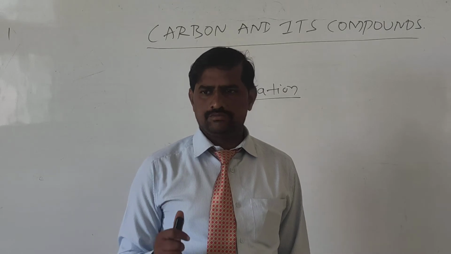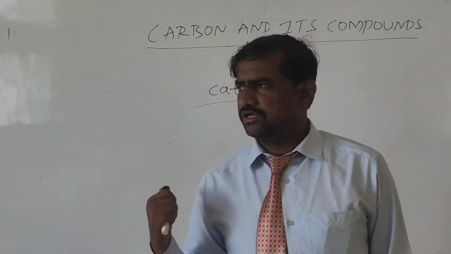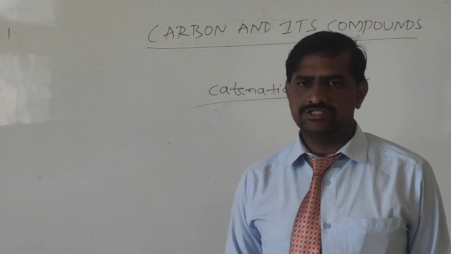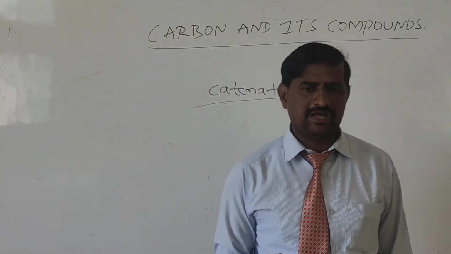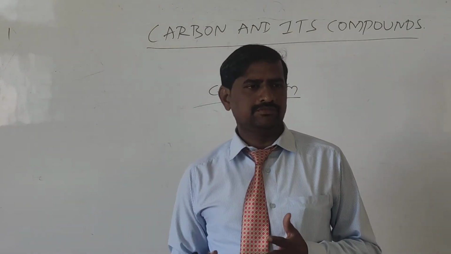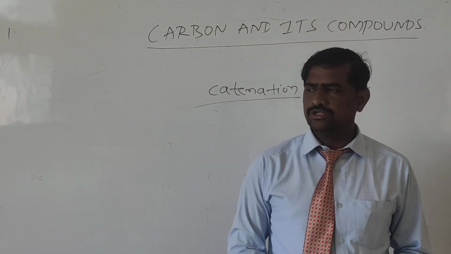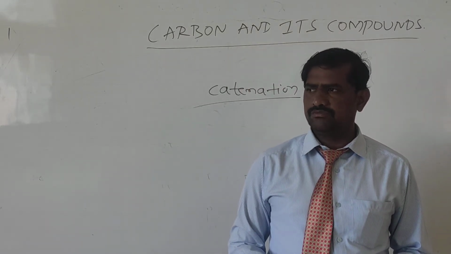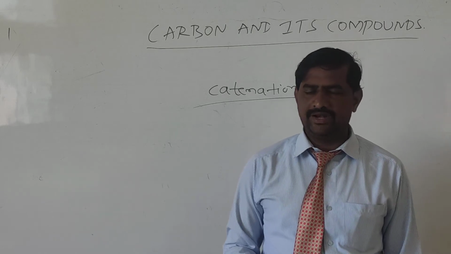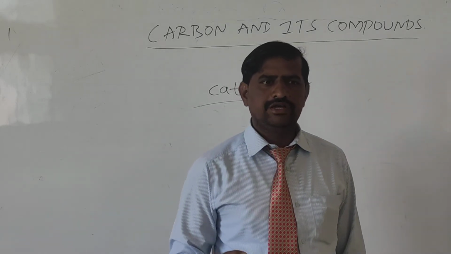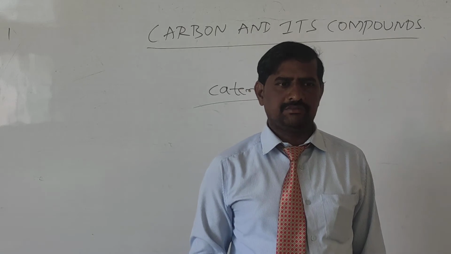That property is catenation. Catenation is the combining capacity of carbon with carbon atoms or other atoms. By catenation, carbon forms long chains of carbons, branched chains of carbons or rings of carbons.